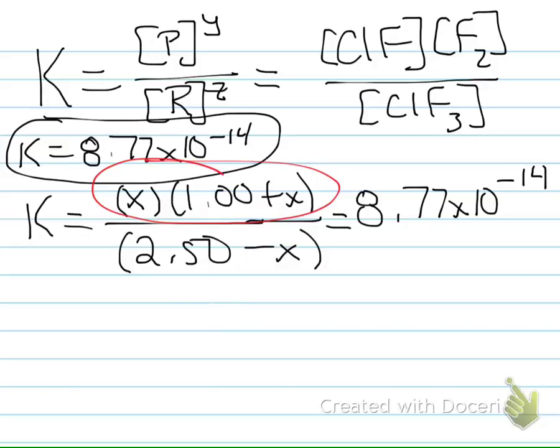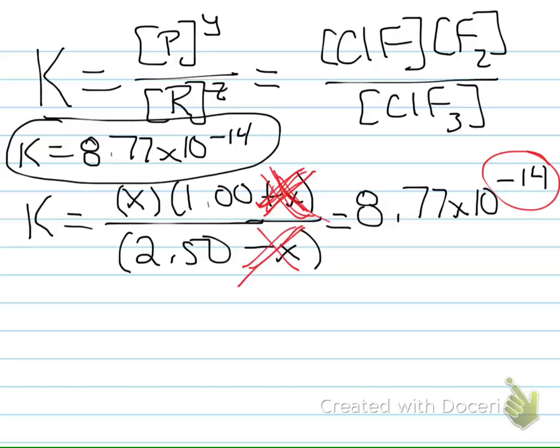So simplifying this in AP Chemistry in high school, we are allowed to say when your K is so small, because this K is to the negative 14th power, we can say that this x here and this x here can be ignored. It only works when the K is very small, but we can ignore the plus x here, ignore the minus x here, and it simplifies our mathematics.